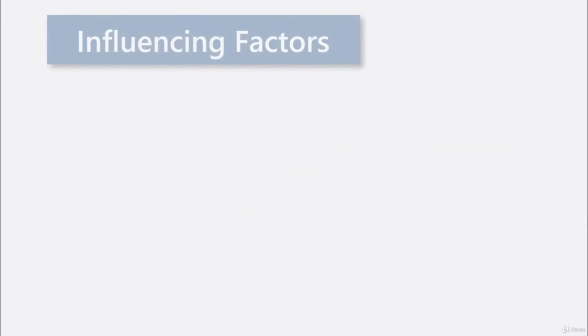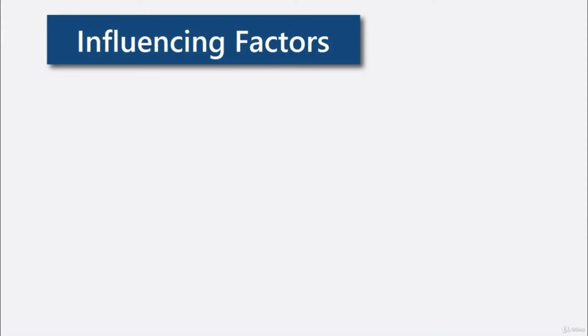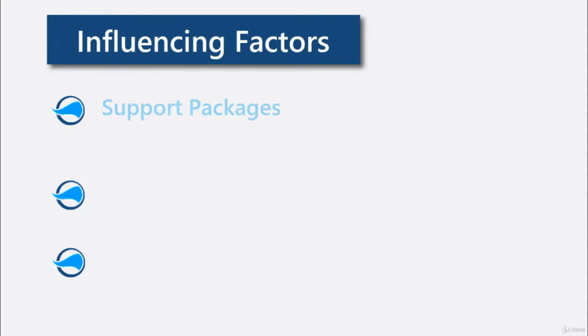Let's begin with the influencing factors for the system change. Like any other software, SAP must be kept up to date in its basic functions. For this purpose, SAP provides support packages. These are updates that fix bugs and include important changes, for example, new fields that are necessary to meet the latest legal obligations.